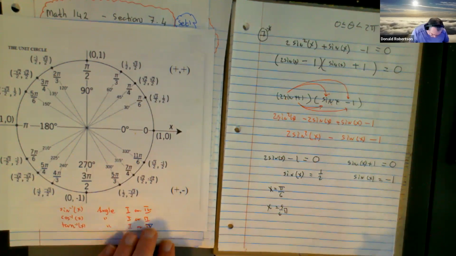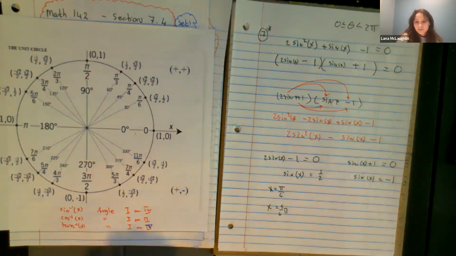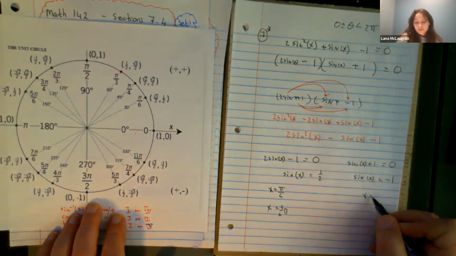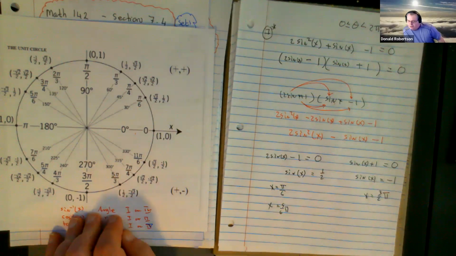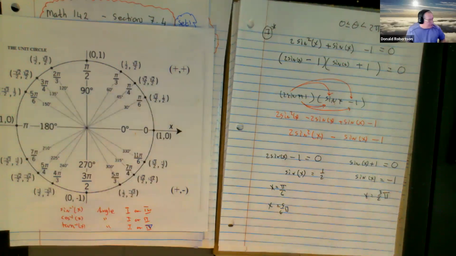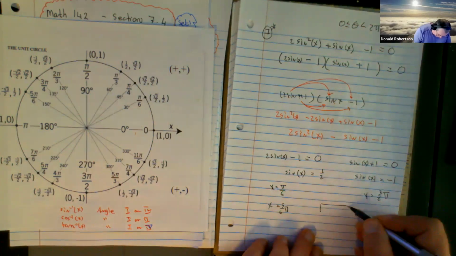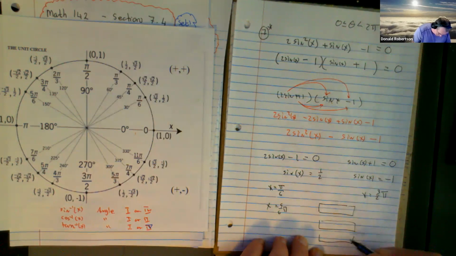Where is the y coordinate -1? 3 pi over 2. Would you agree there's only one answer to that one? In the unit circle, there's only one. So in this case, it looks like there are 4 boxes, but only 3 answers that exist.